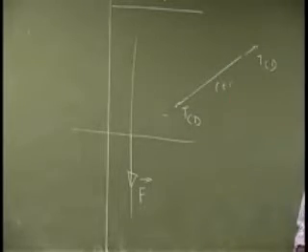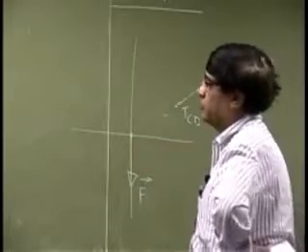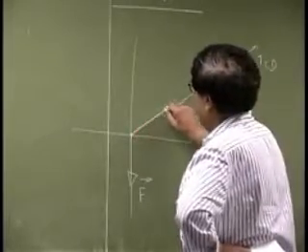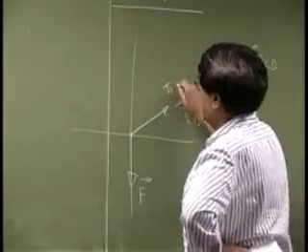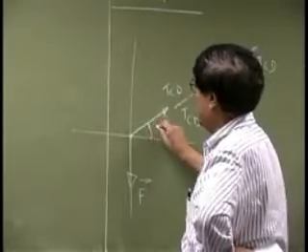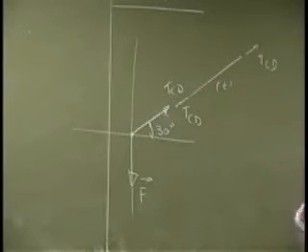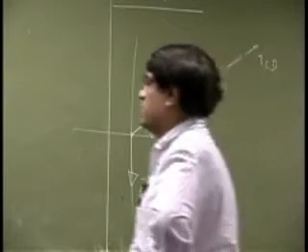So the force which is going to act at point C will be the same magnitude as TCD, and it's going to act at 30 degrees. So that's the force as a result of the cable CD.